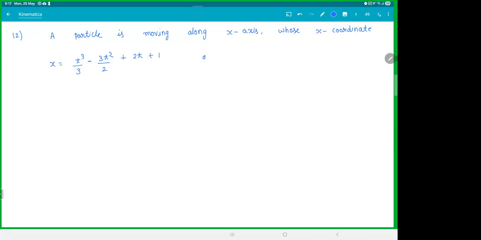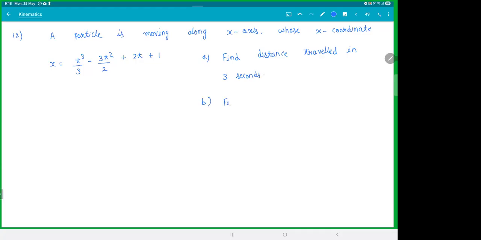Now listen carefully. Find the distance traveled. This would be a good Mains level question. Find the distance traveled in 3 seconds.